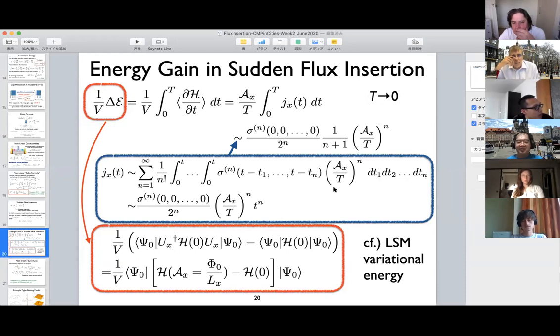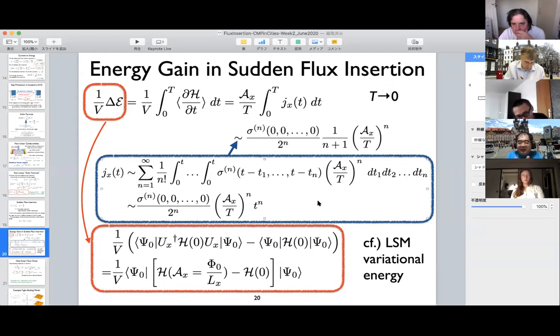This capital T goes to 0. Then the arguments of this real-time conductivity, which represents the delay of the response, are also between 0 and capital T, because we are considering a very short period of time.